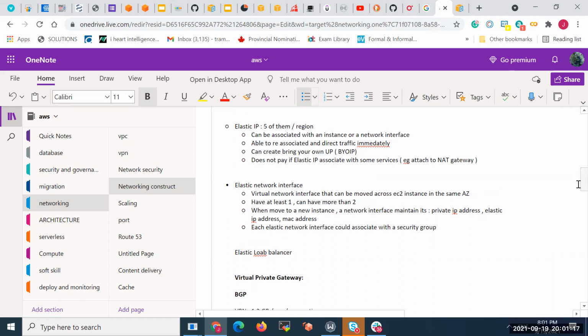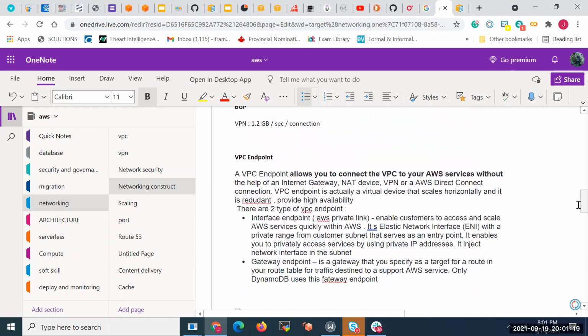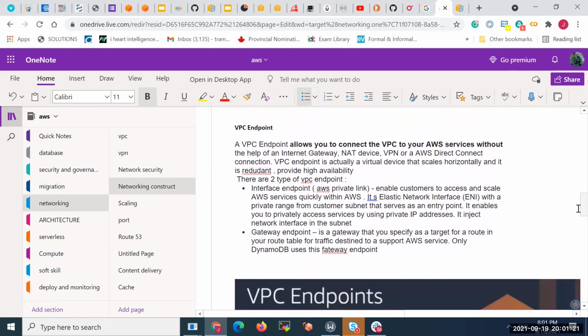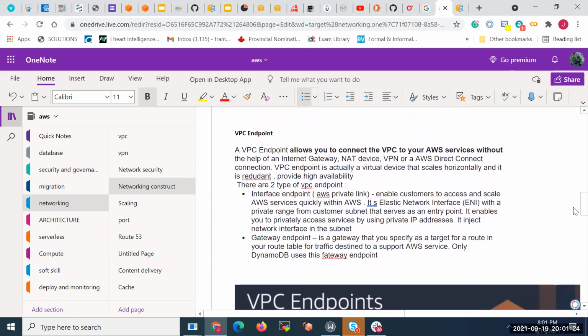Okay, so that is one. This one is also important. VPC endpoint. A VPC endpoint allows you to connect the VPC to your AWS service without the help of an internet gateway, NAT device, VPN, or AWS Direct Connect.